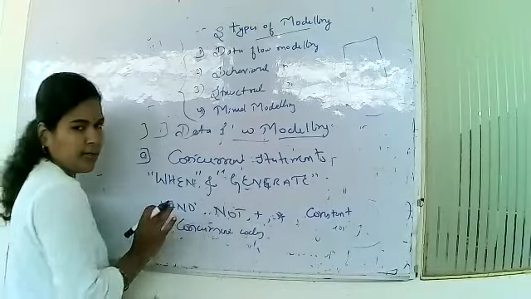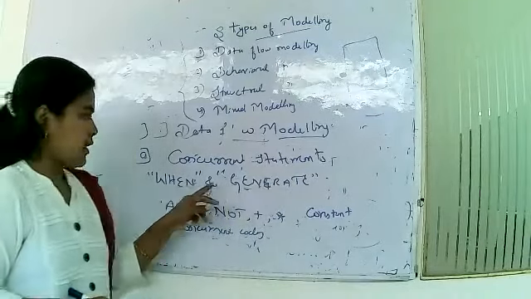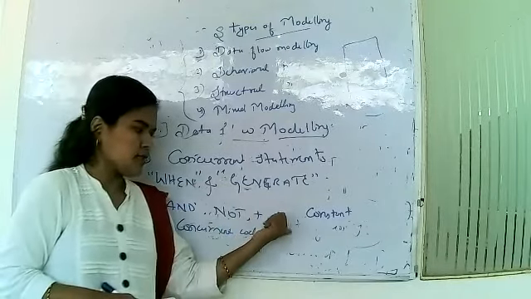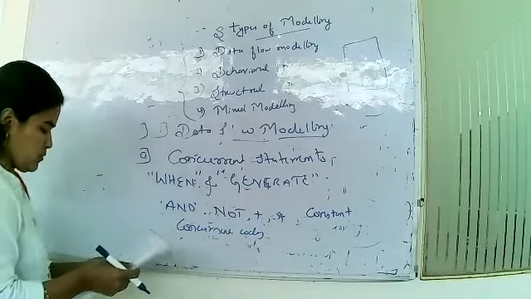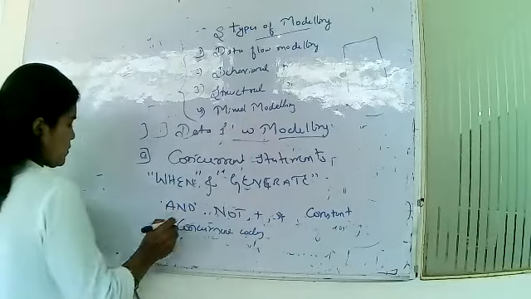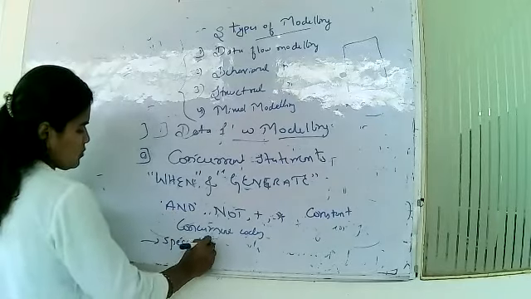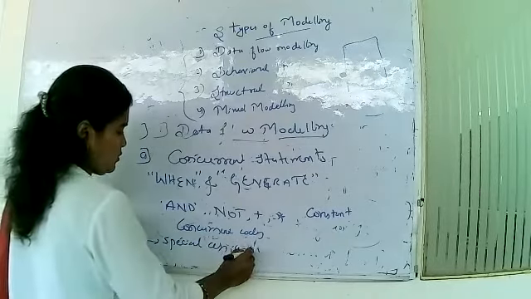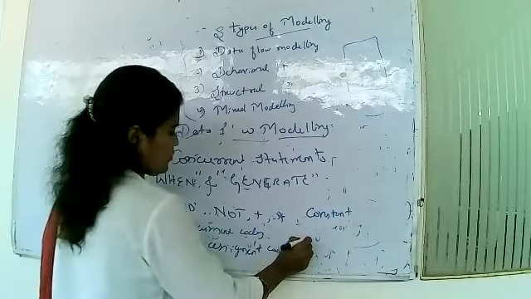You need to remember this. That's it: concurrent statements are when and generate. Next, and, not, plus are the constants for the concurrent codes. There is a special assignment code, which is called block.